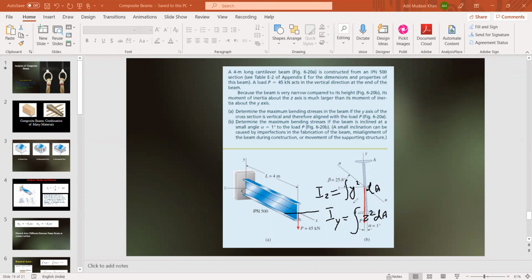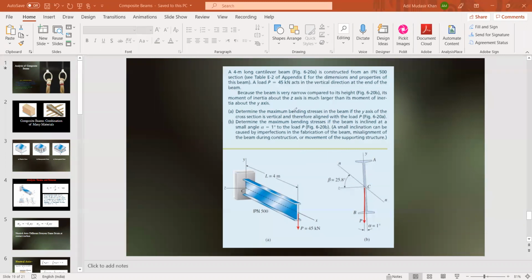Since the beam is narrow, the y coordinate is larger, meaning its depth is more than its thickness. Therefore, Iz is greater than Iy. This is given to us.